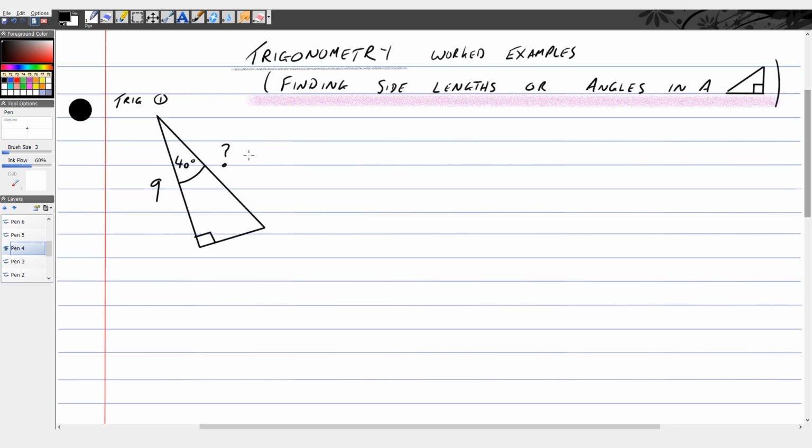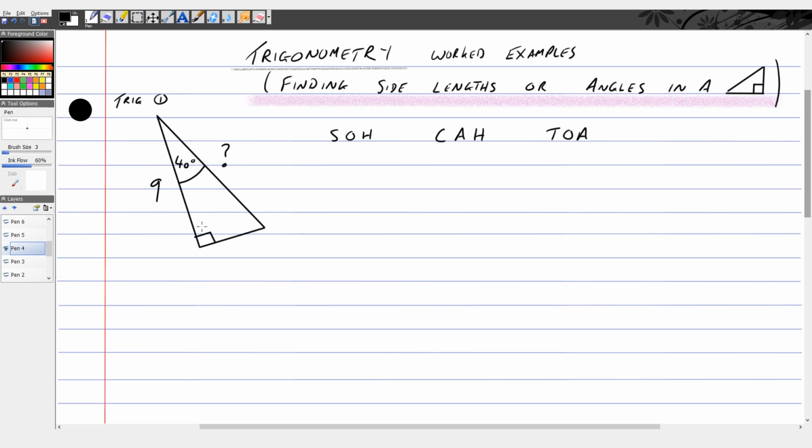So we want to find the length of the unknown side, but we need to figure out which sides are of interest. So remember, with the sine function, the sides of interest are the opposite and hypotenuse. With cos, it's adjacent and hypotenuse, and with tan, it's opposite and adjacent.